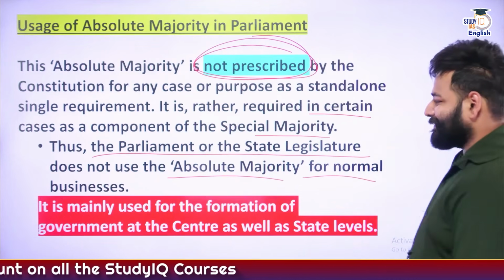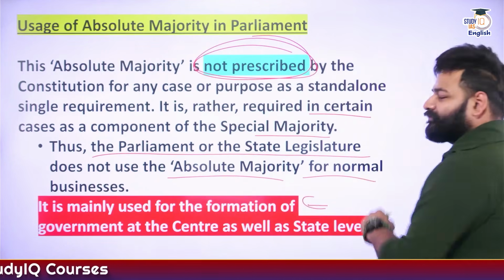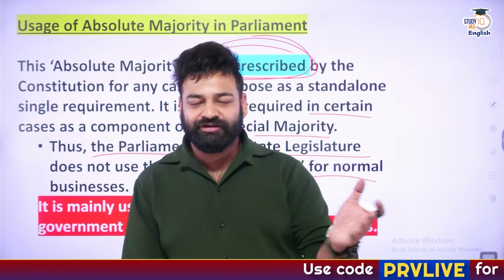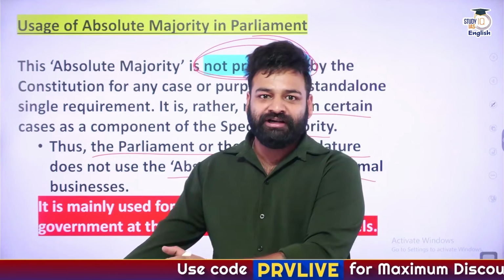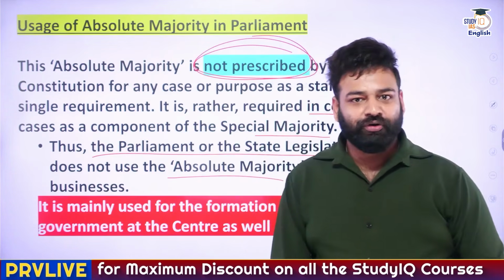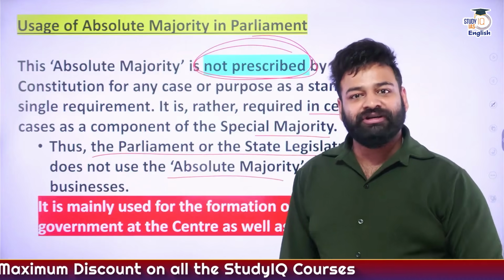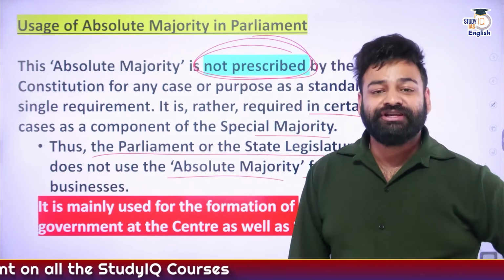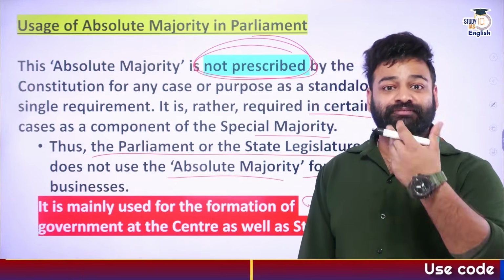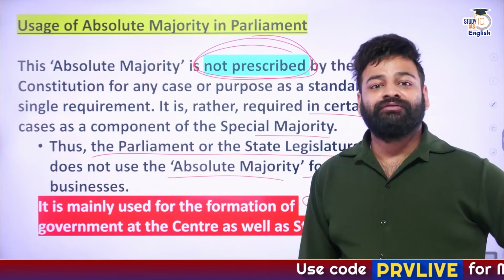It is mainly used for the formation of the government. Whenever there are Lok Sabha or Vidhan Sabha elections, any party that has won needs to show the majority, and that is known as the absolute majority, irrespective of absentees or vacant seats. With 543 total seats, to provide an absolute majority I need that mark of 272.